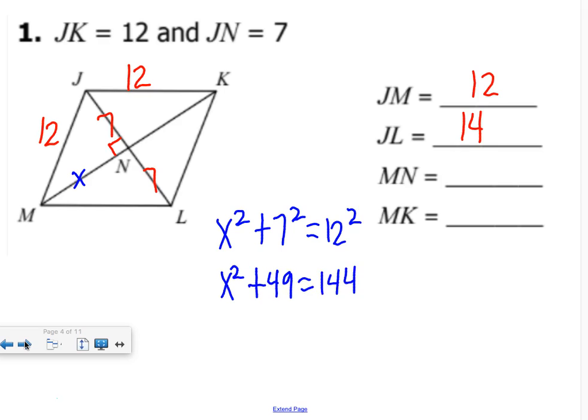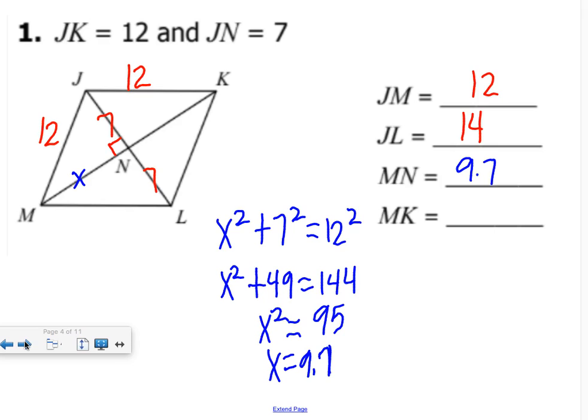What's 144 minus 49? And square root of 95, folks? 9.7. That's MN.